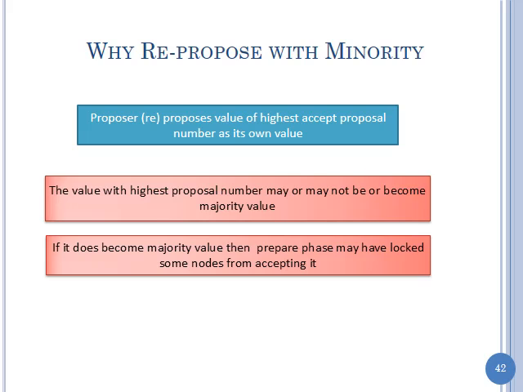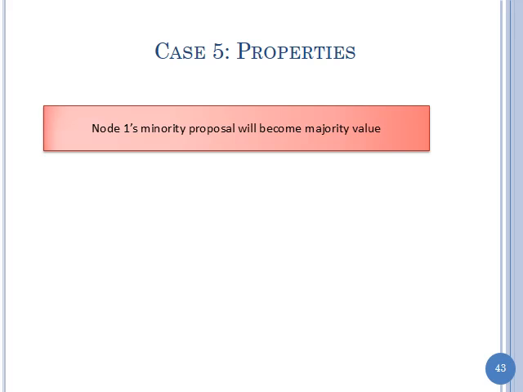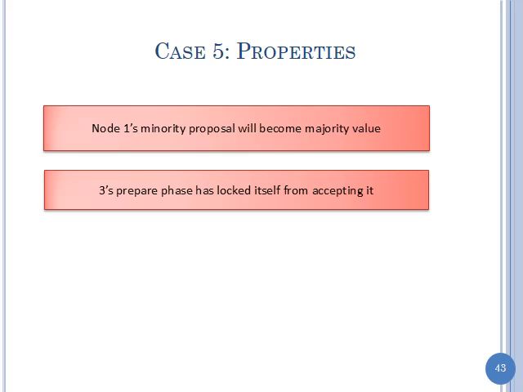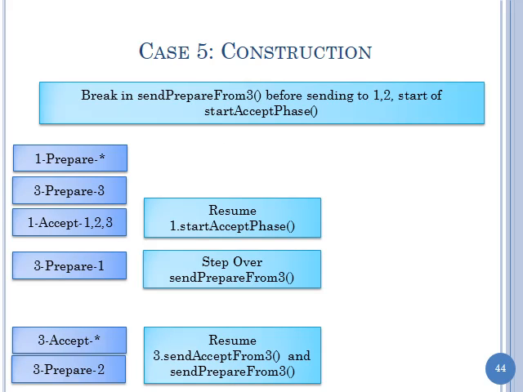And here I try to make sure that node 3 doesn't get a majority value. So node 1's minority value will become a majority value. I make sure that it will become a majority value, but it's not a majority when its prepare phase finishes. And this is a sequence of steps you do to make that happen.